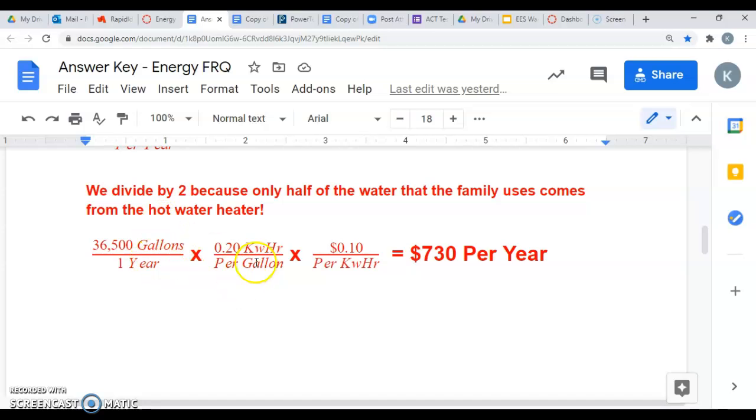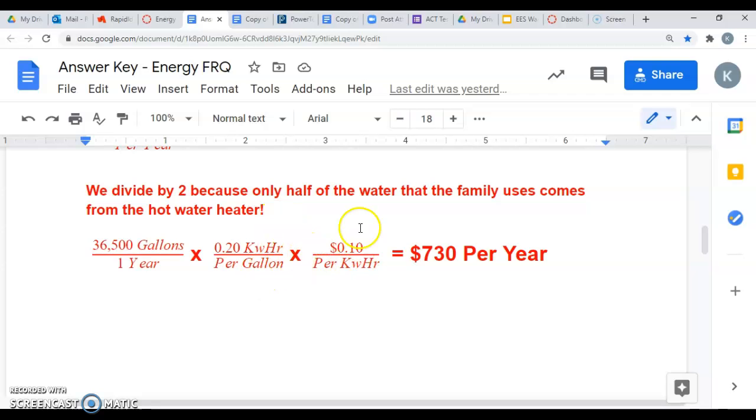Here our gallons are canceling out. If we were to stop here, we would get the kilowatt hours that are used to heat this water, so we would just get the kilowatt hours per year. If we were to stop there at step 2, instead of getting the monetary value, we would just get the total kilowatt hours.